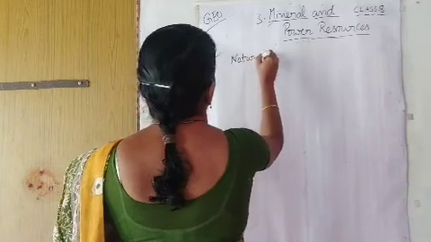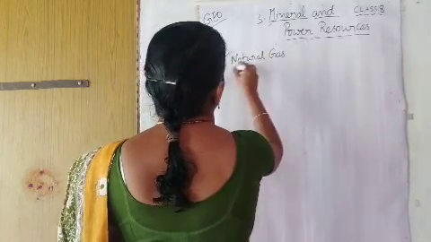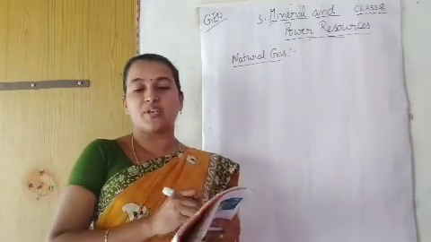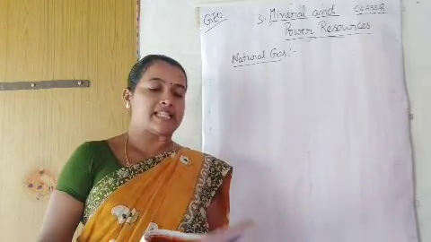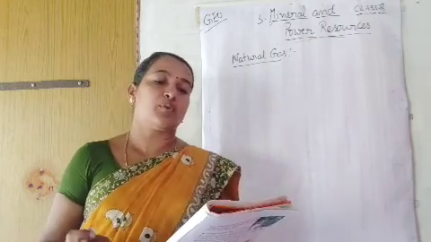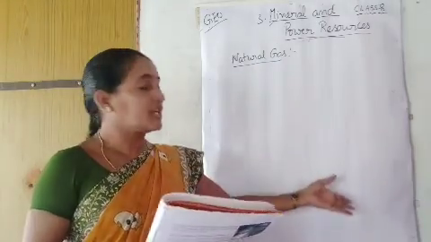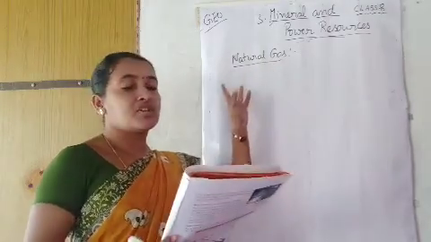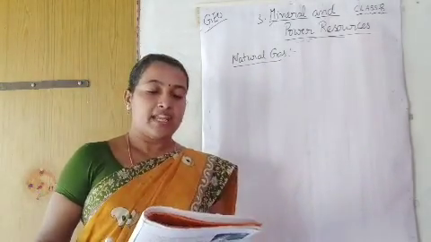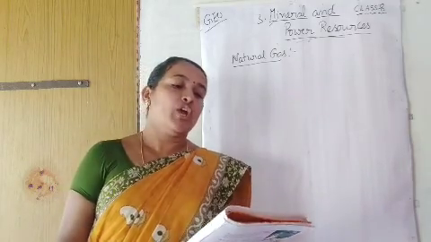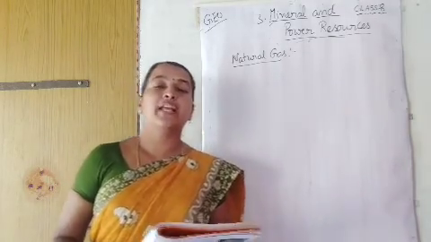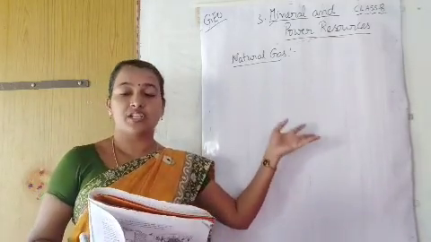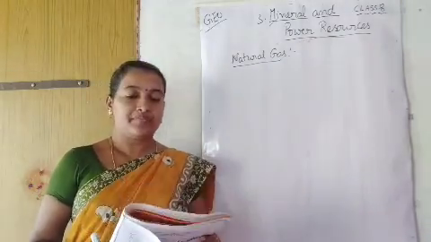Natural gas is found with petroleum deposits and is released when crude oil is brought to the surface. So when the crude oil is brought to the surface, natural gas is also found with it. It can be used as a domestic and industrial fuel.